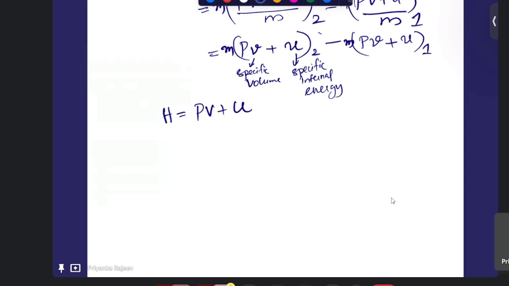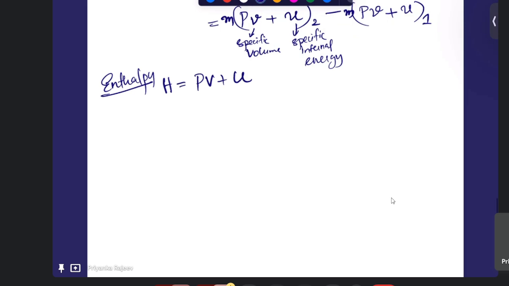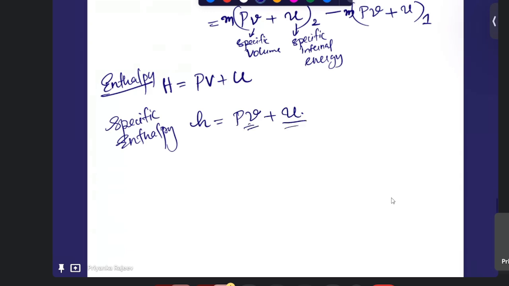This is called enthalpy. So enthalpy H is given by U plus PV, or specific enthalpy small h is given by Pv plus u, where v is specific volume and u is specific internal energy.